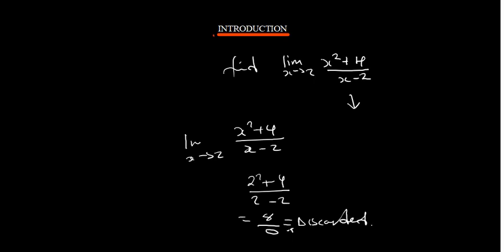We can't have a situation whereby the denominator is 0. So this is just undefined. That's why the limit does not exist. These are supporting answers, the conclusion that you can make. The limit does not exist.